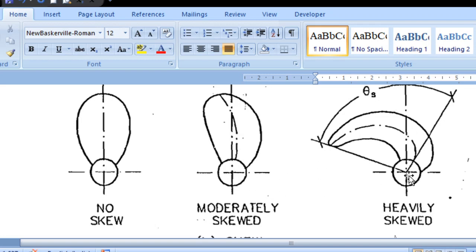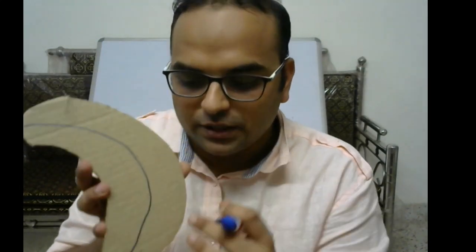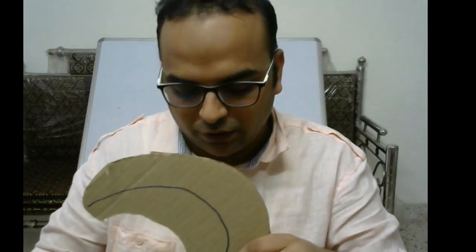So as I have explained, I'd like to apologize. This angle is not made from the trailing edge. It is made from the mid chord line, which is a chord equally dividing the two sections into equal distance.